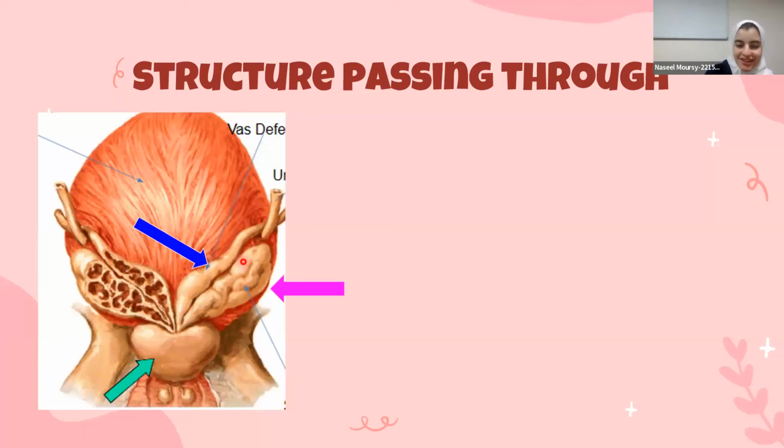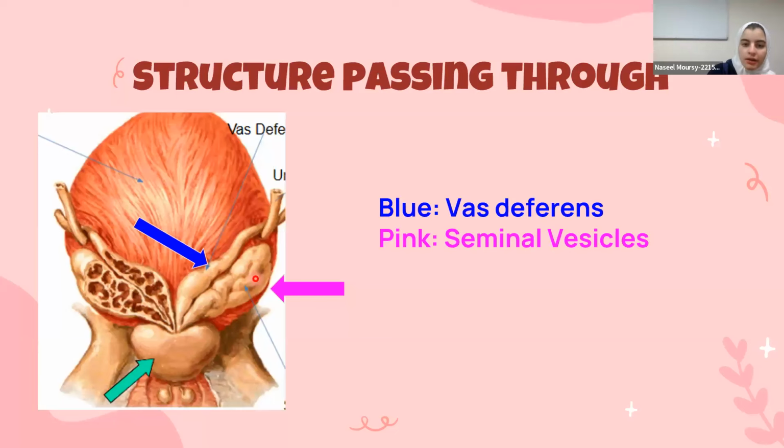Now the pink is seminal vesicles. Good job. So these are mainly two things that are passing through the prostate, but we also obviously have the urethra passing through the prostate.